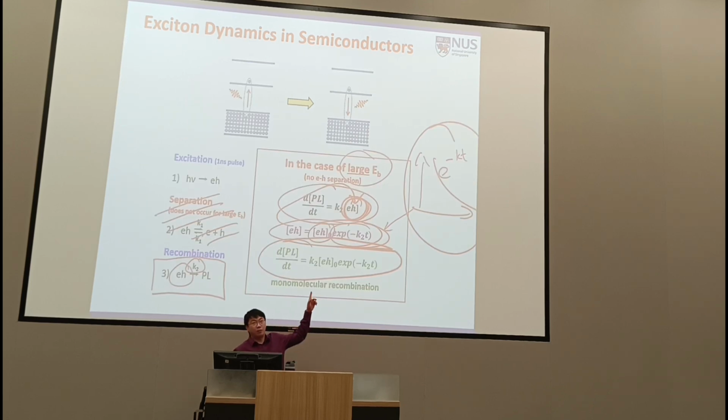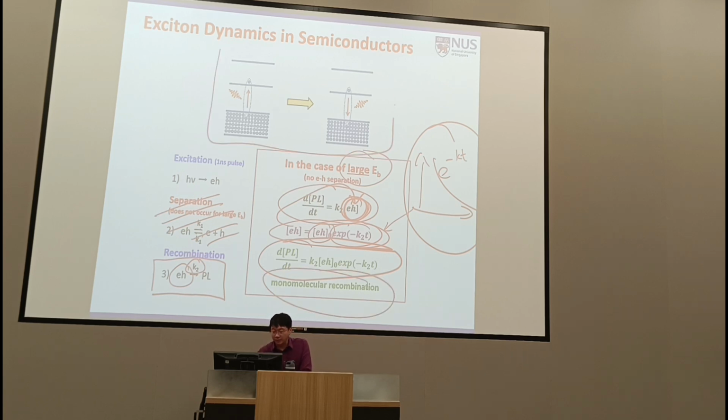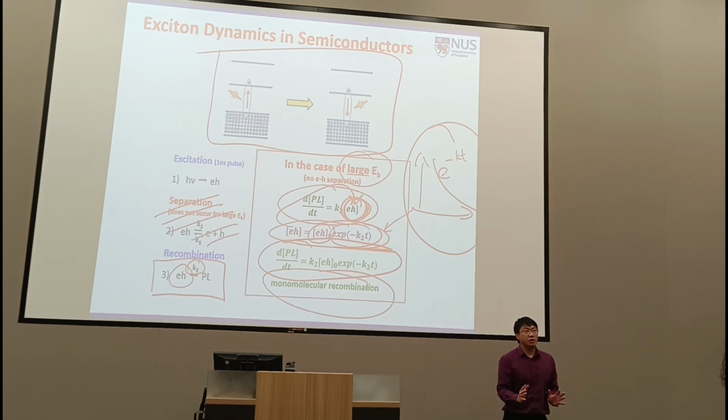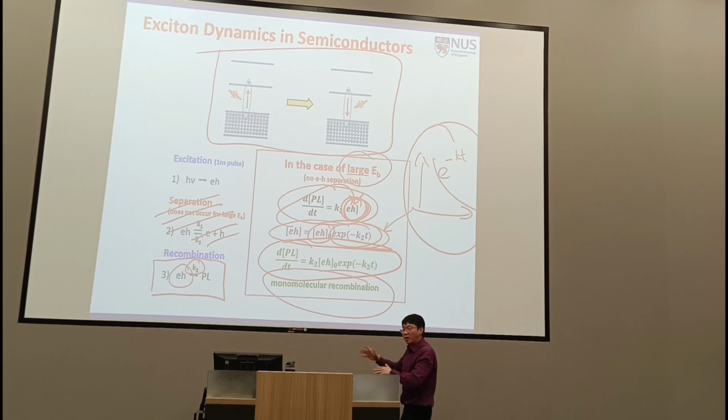Whereas previously, you already have an exciton. Now this is called monomolecular recombination. So if you want to separate between these two cases, monomolecular or bimolecular recombination, you have to use these techniques, transient absorption spectroscopy and time-resolved photoluminescence, plot the graphs, fit the line, and you find your answer.